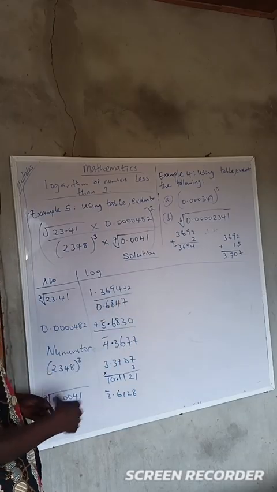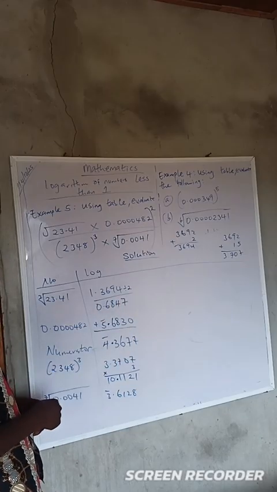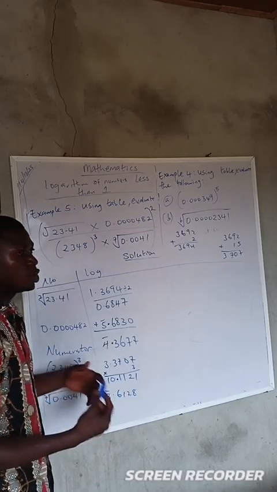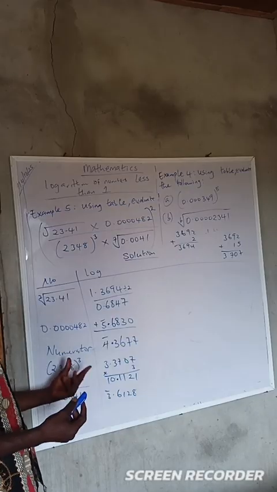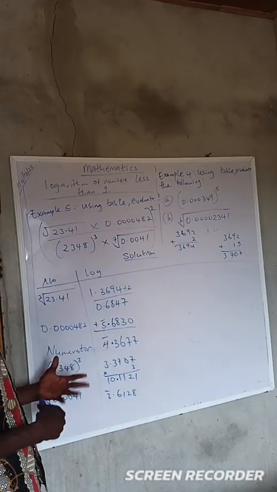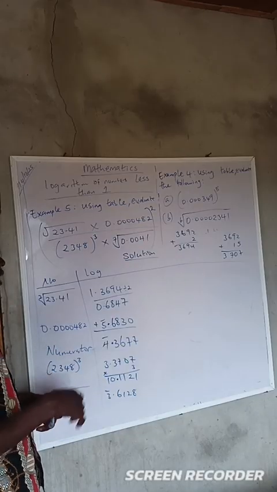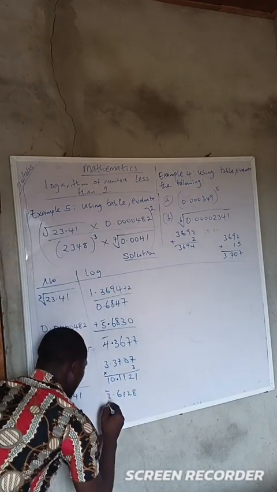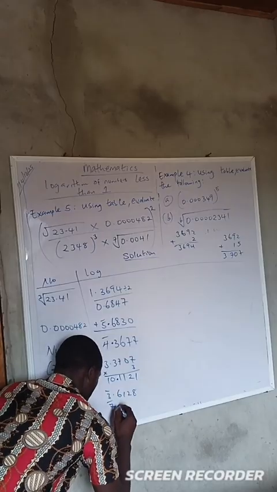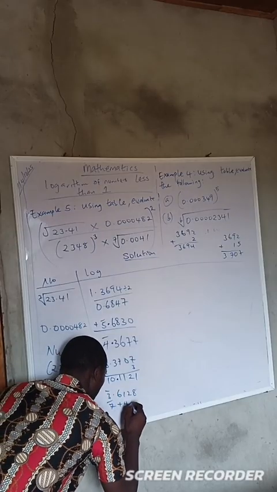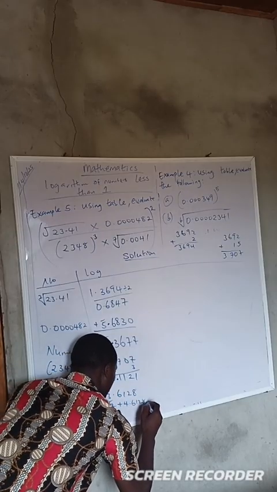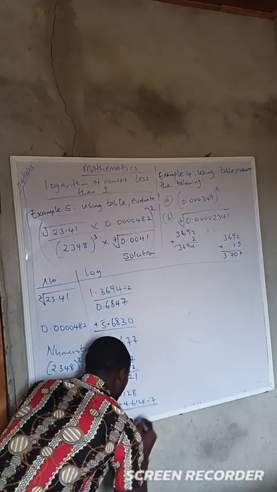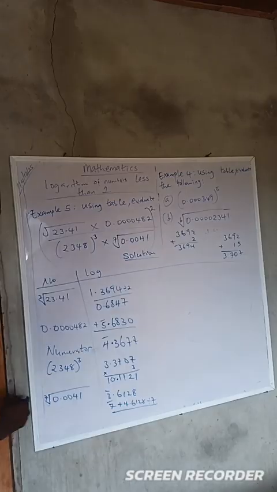But what will you add to bar 7 to make it bar 3? What will you add to minus 7 to make it minus 3? The answer is 4. So we are going to add 4. So this can be the same thing as bar 7 plus 4.6128 divided by 7. So on dividing, we can have our denominator value.